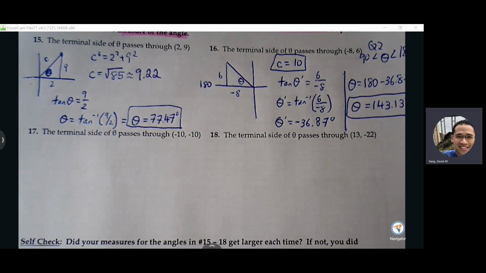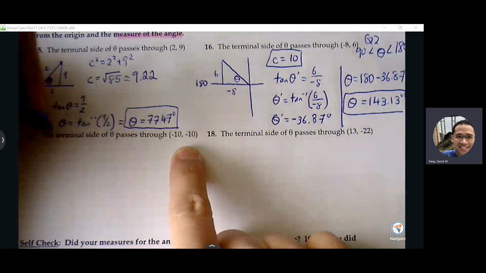Okay, number 17, -10, -10, which quadrant?